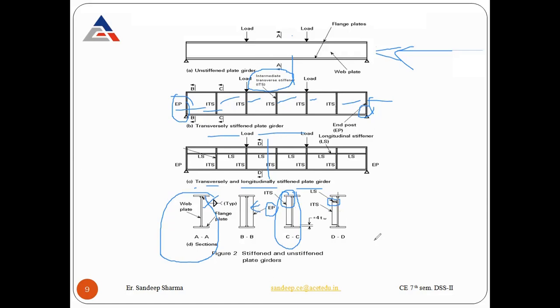And in the case of section DD, you can see the intermediate transverse stiffeners with the longitudinal stiffeners. Okay, is that clear to all? Yes, sir.